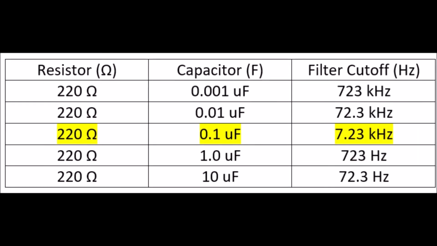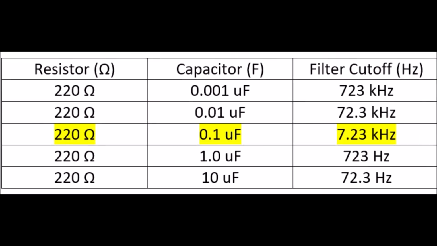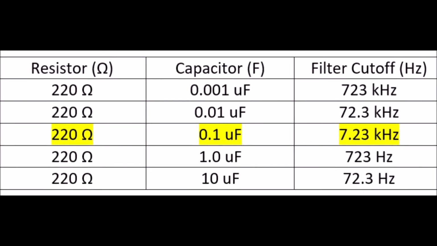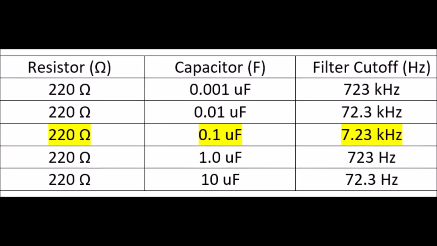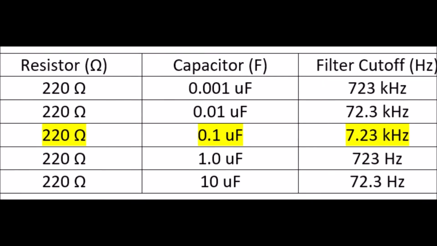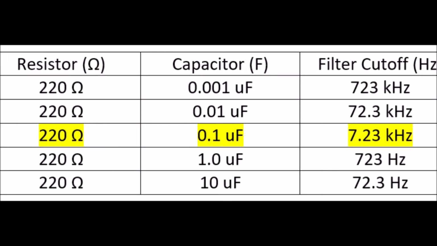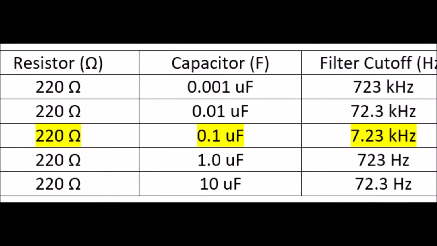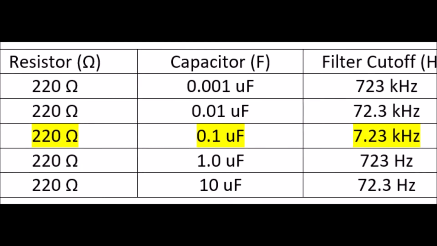We can select one of these component combinations, say the capacitor at 0.1 microfarads, and that would set up a first order low pass filter with a cutoff frequency right at 7.23 kilohertz. Effectively the same frequency as the fundamental frequency of our signal.